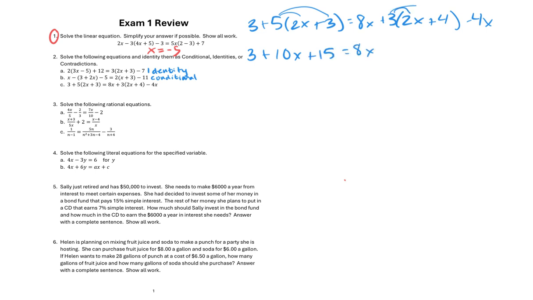Again, we need to distribute, plus 6x plus 12 minus 4x. So now we can add some like terms. So on this side, all we can do is add this 3 and 15 together. So we're going to have 10x plus 18. And on this right side, we can add all of these x's together. So we're going to have 8x plus 6x minus 4x.